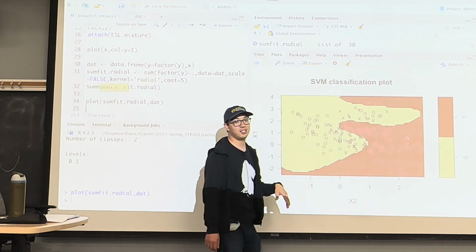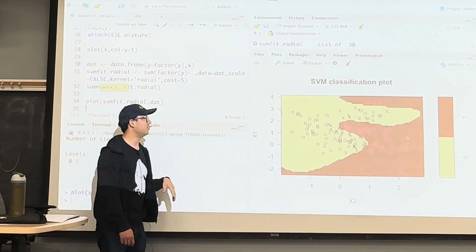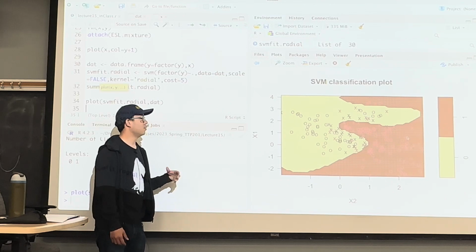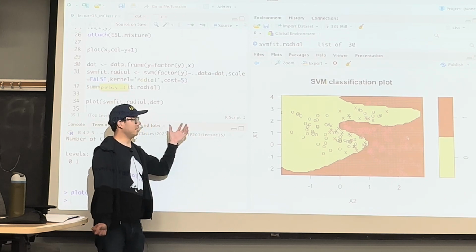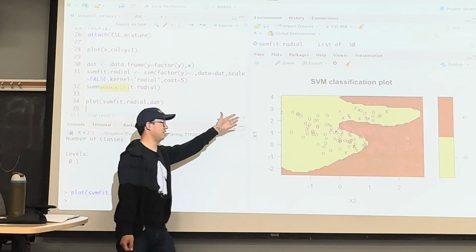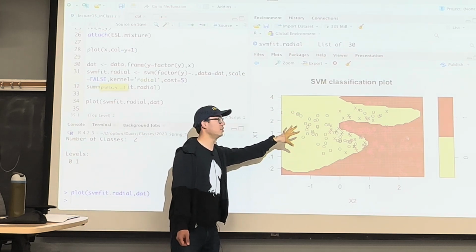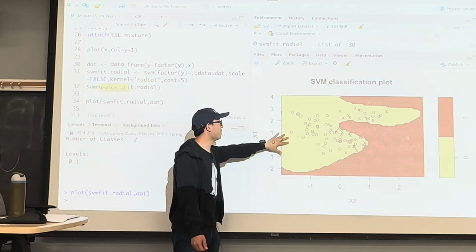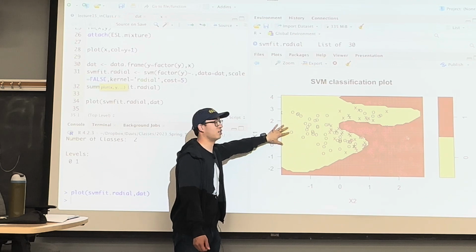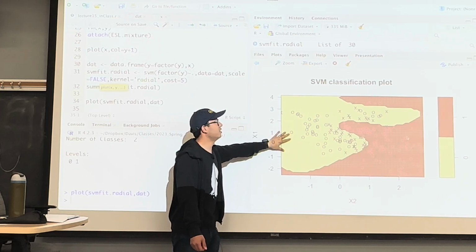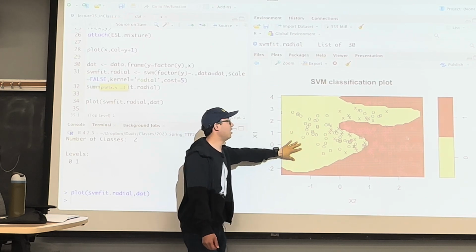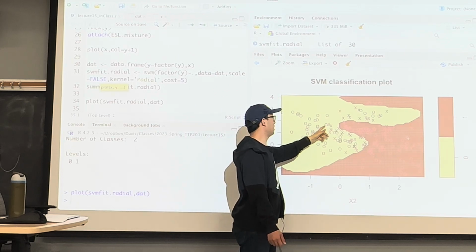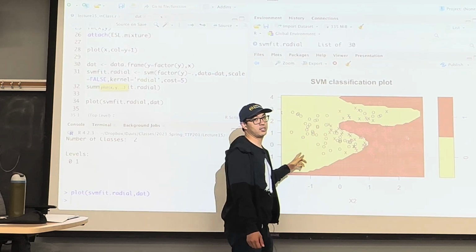Maybe like 17 to 20-ish on the other side. But generally speaking, this is a nice classifier tool that can give you pretty good predictions of the classification of each of your points.